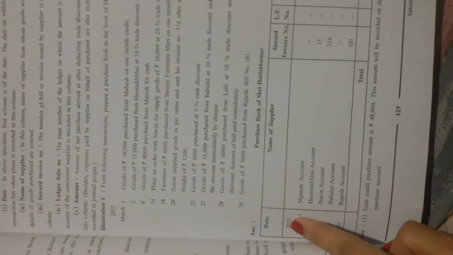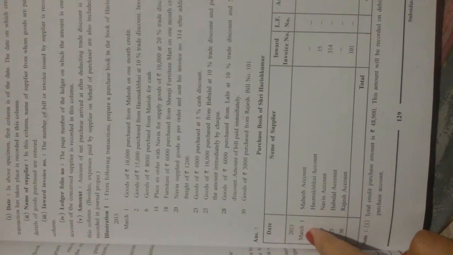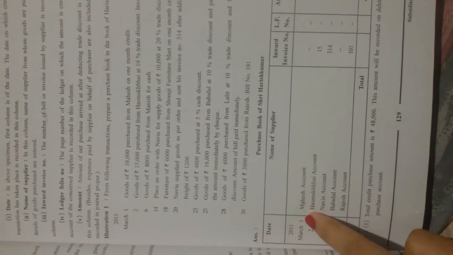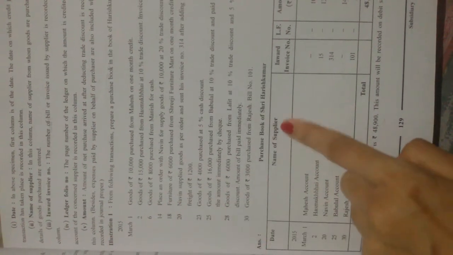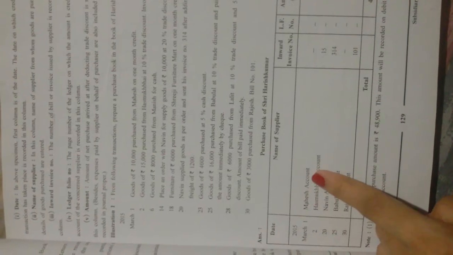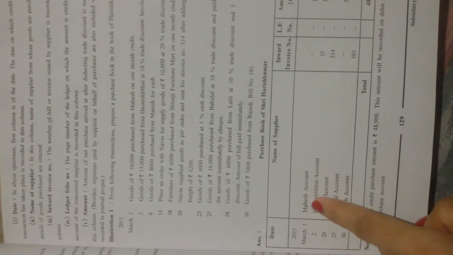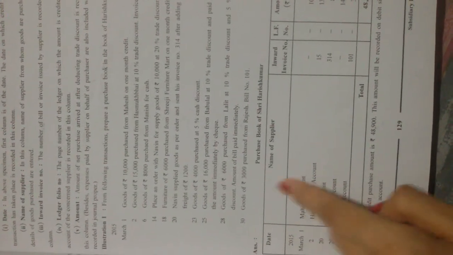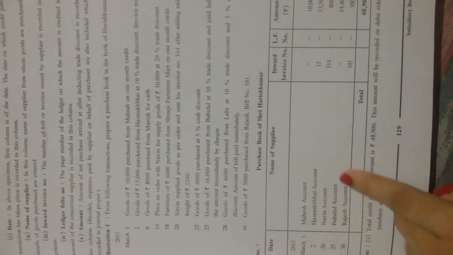First you have to write the year, and below that you have to write the date. So first is March 1st. Then you have to write the name of the supplier. The supplier here is Mahesh, because the business purchased goods from Mahesh. So you have to write Mahesh account in the name of the supplier column.